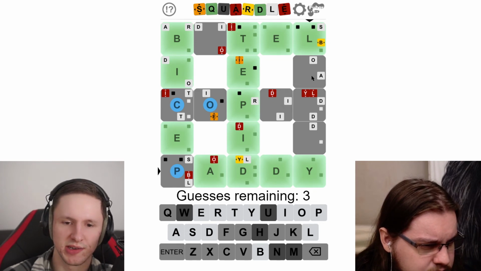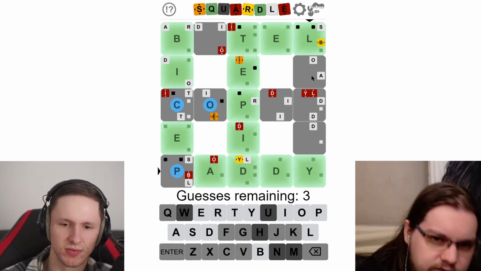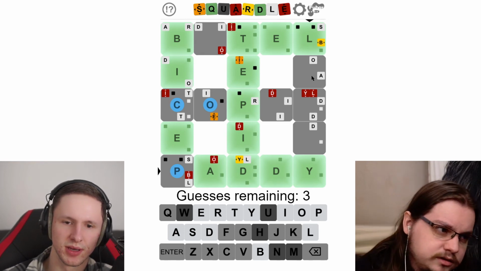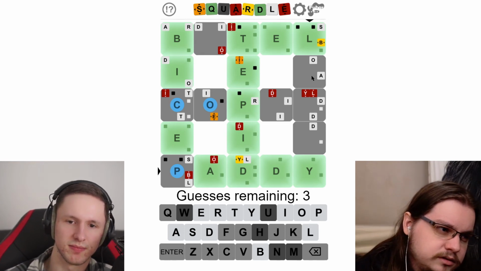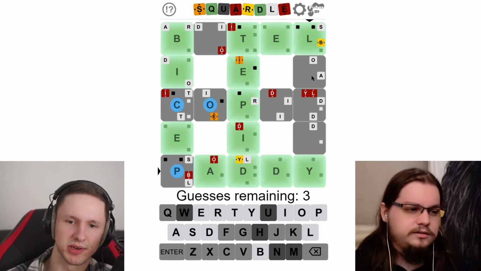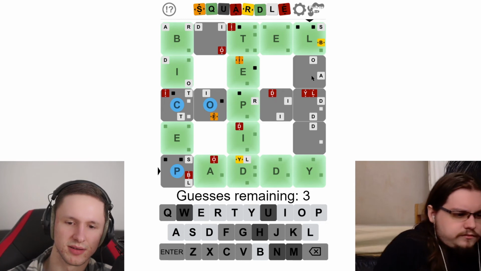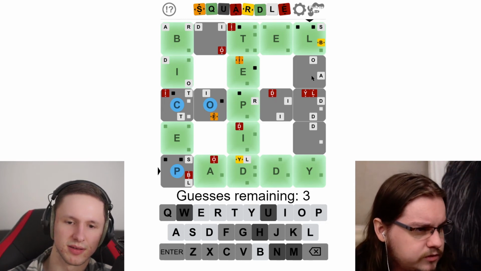Oh wait, I didn't even notice the E. Yeah, one of the two last letters of the middle column of the middle row has to be an E. Yeah, but we know that the top row has to be an E there. Oh, right. Good point.